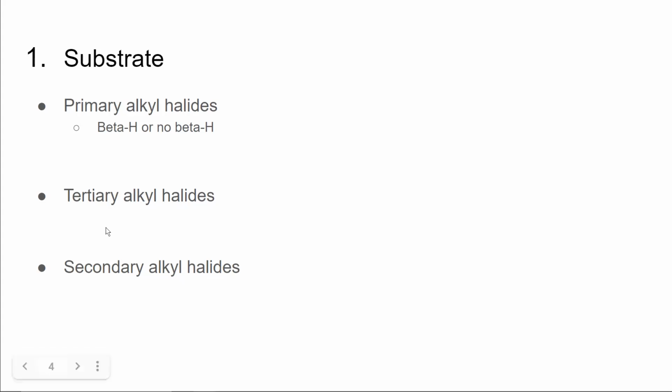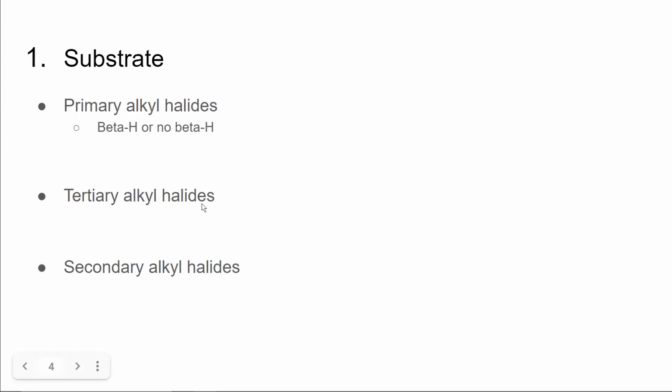So this is one important thing to keep in mind. With primary acyl halides, the main issue is that there's no steric hindrance. Because of that, you can do things like SN2. That's not going to be hindered at all. With tertiary acyl halides, it's going to stabilize that carbocation intermediate, so that's why it's going to favor SN1 and E1.